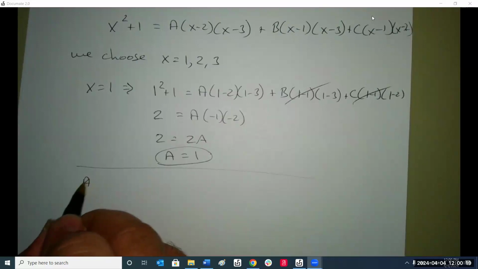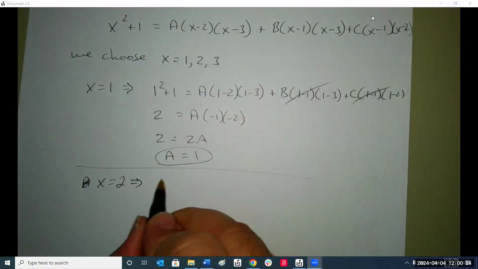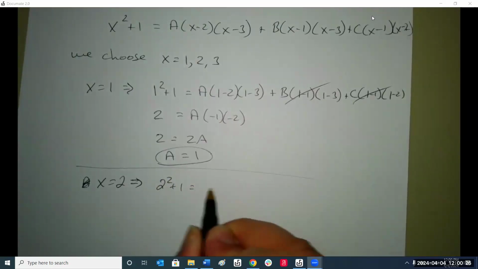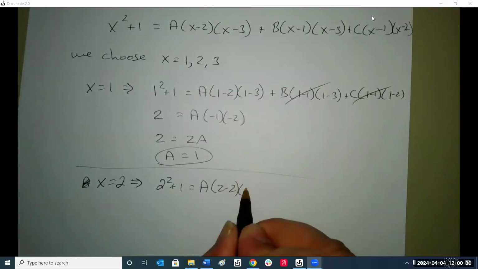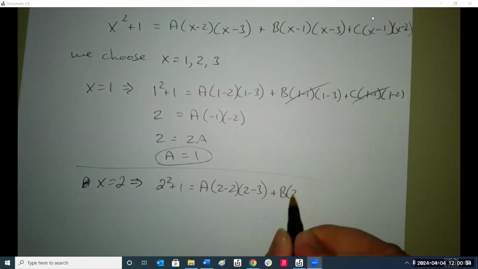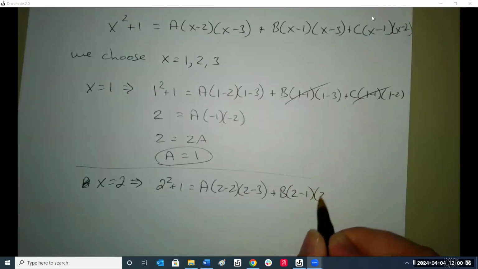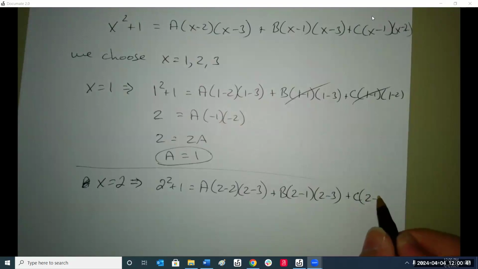Now when x equals 2, we get 2 squared plus 1 equals A(2 minus 2)(2 minus 3) plus B(2 minus 1)(2 minus 3) plus C(2 minus 1)(2 minus 2).